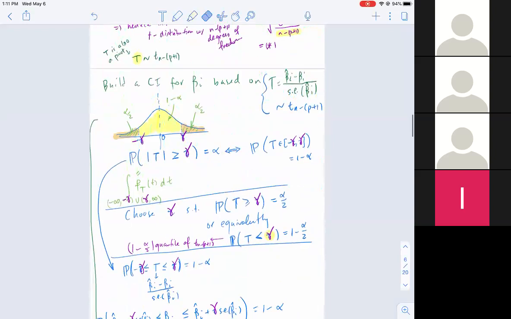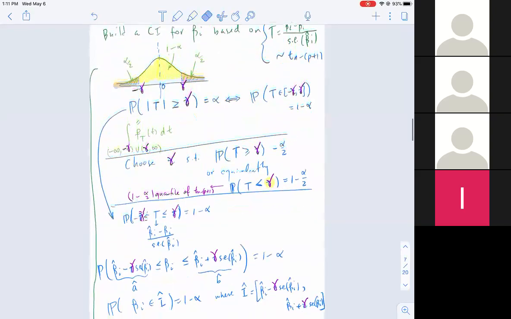If I want to make sure that T lies in an interval centered around 0 with probability 1 minus alpha, I'm going to choose gamma such that that happens. And that gamma would be this quantile of the T distribution.